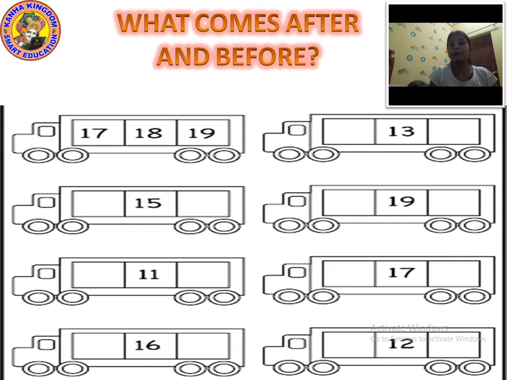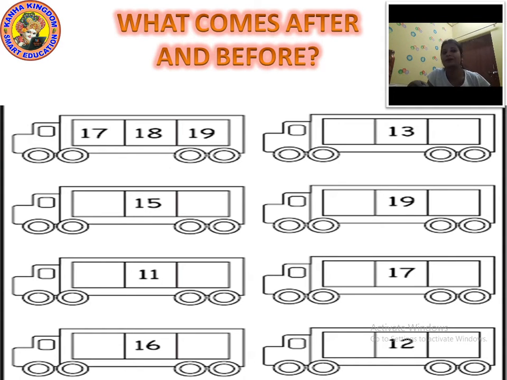After 15, 16 will come. So we will write here 16. Okay. Now the next number is 19. What comes after 19? After 19, 20 will come. So we will write here 20. And before 19, 18 has come.